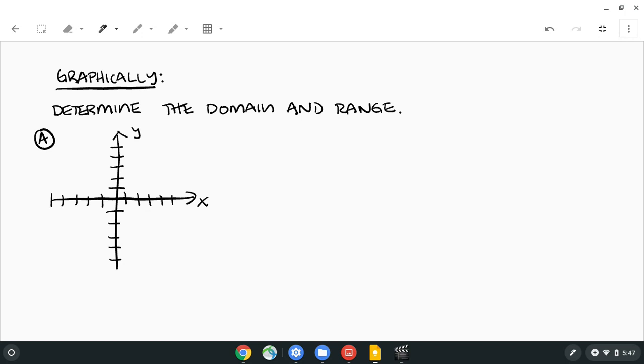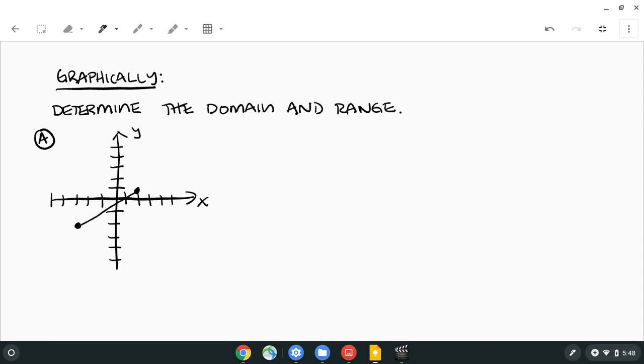Okay, and suppose that I have a point over here, like at (2, 1), closed point. Okay, and let's suppose that I have a point over here at (-3, 2). Okay, and suppose that my graph is made up of this line segment that goes from that point to that point.